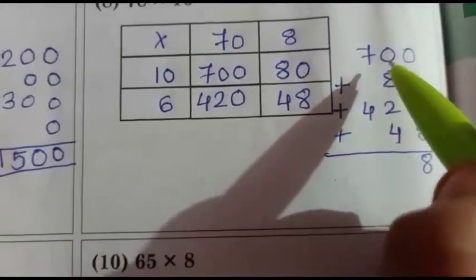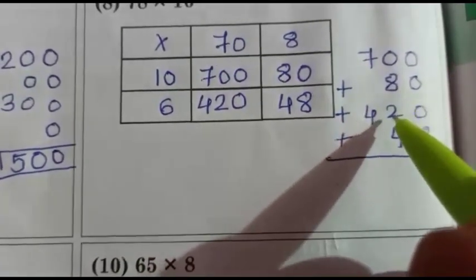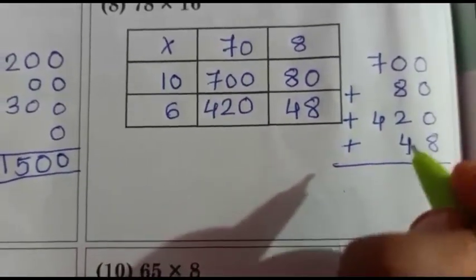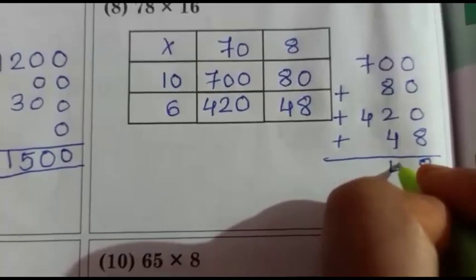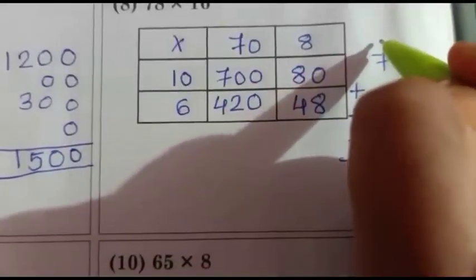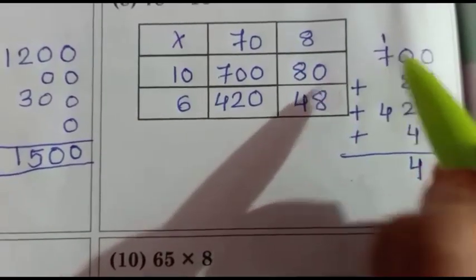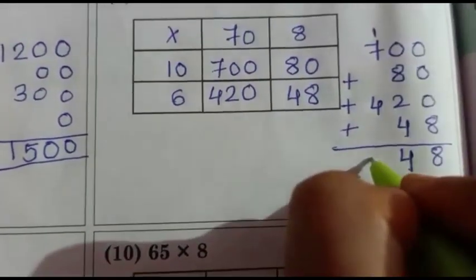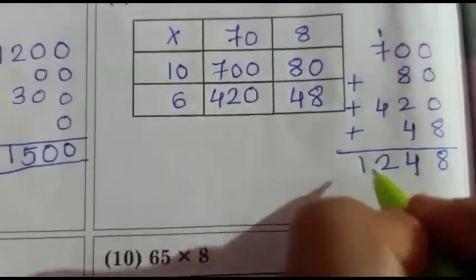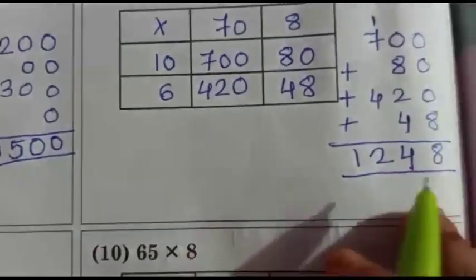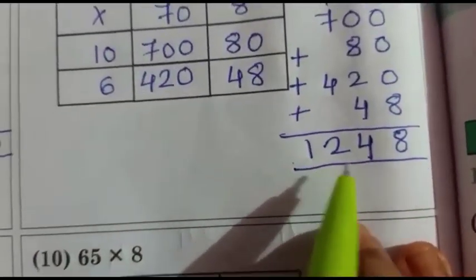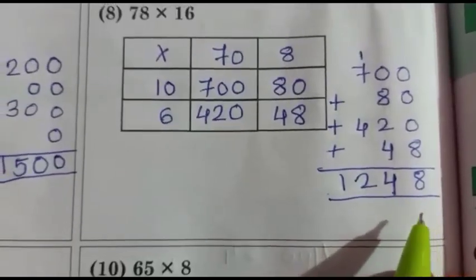Okay, 0 plus 8 8, 8 plus 2 10, 10 plus 4 14. So 4 you will write, 1 you will carry. 1 plus 7 8, and 8 plus 4 12. So the answer is 1248.